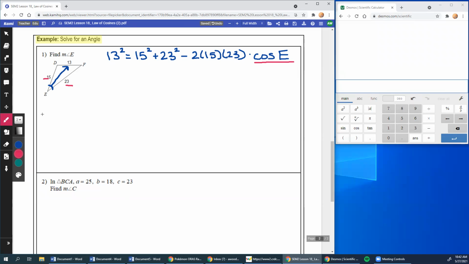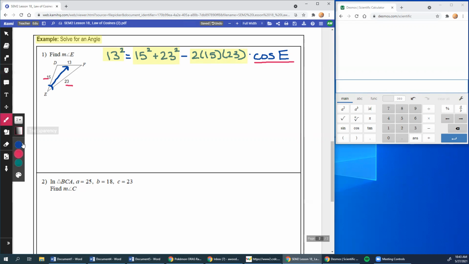So we need to get cosine E by itself. So we need to do some moving. Now, I highly recommend going through this process exactly how you see how I'm going to do it. The first thing I do is I simplify 13 squared. I simplify 15 squared plus 23 squared. And then I simplify 2 times 15 times 23.